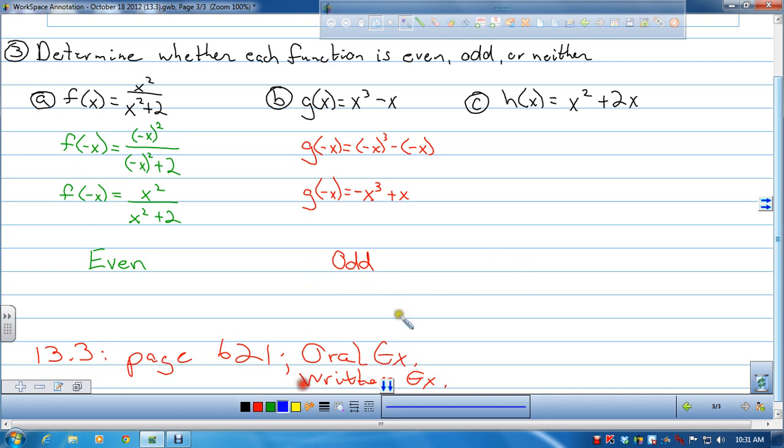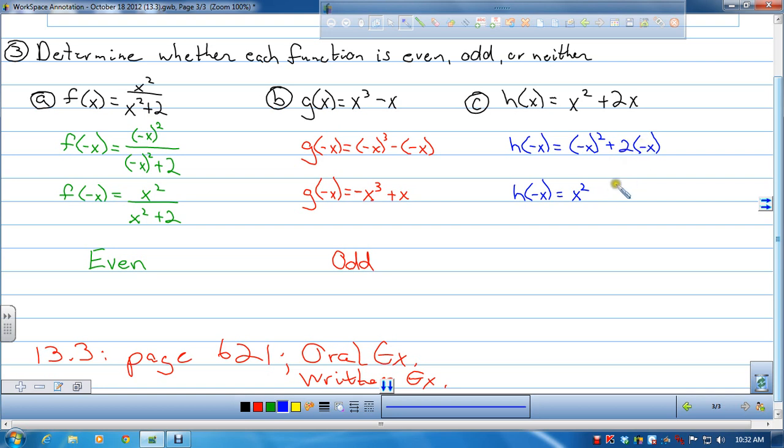And lastly, I've got h of x over here. When I plug in negative x into this value, I end up with negative x squared plus 2 times negative x. Well, h of negative x simplifies. Negative x times negative x would be x squared, which was what we had there.